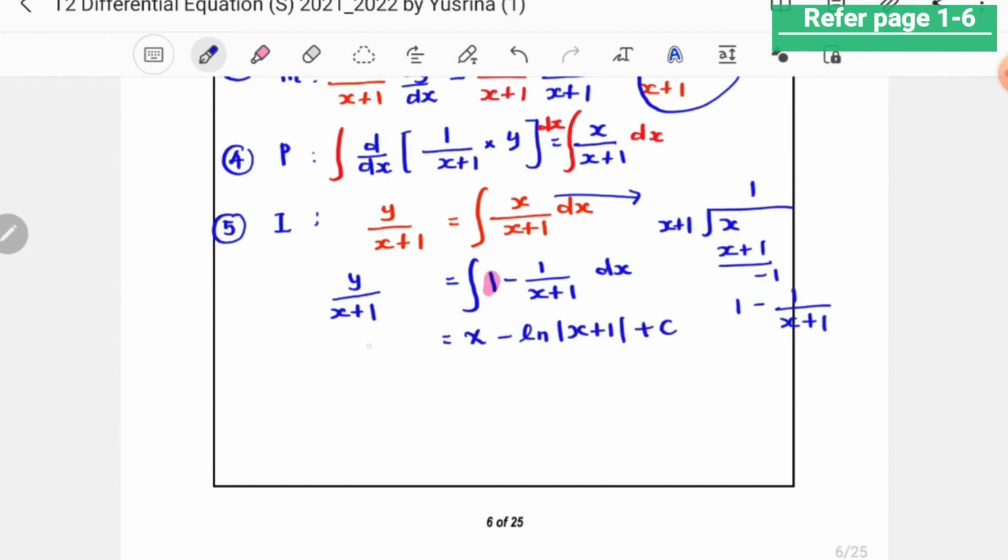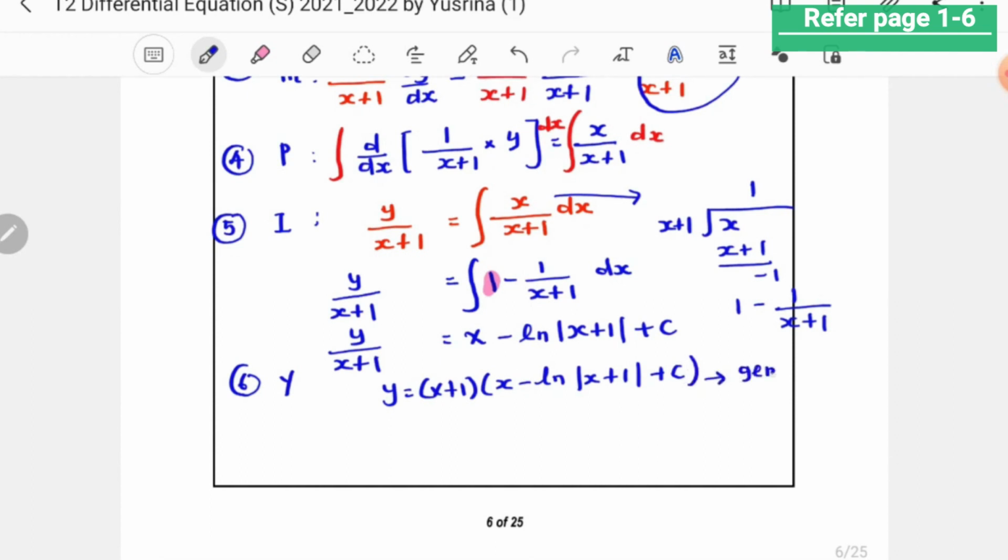So the left hand side is y over (x plus 1). Then the last step, number 6, is y as the subject. So y equals (x plus 1) times the bracket of x minus ln(x plus 1) plus c. This is called the general solution.